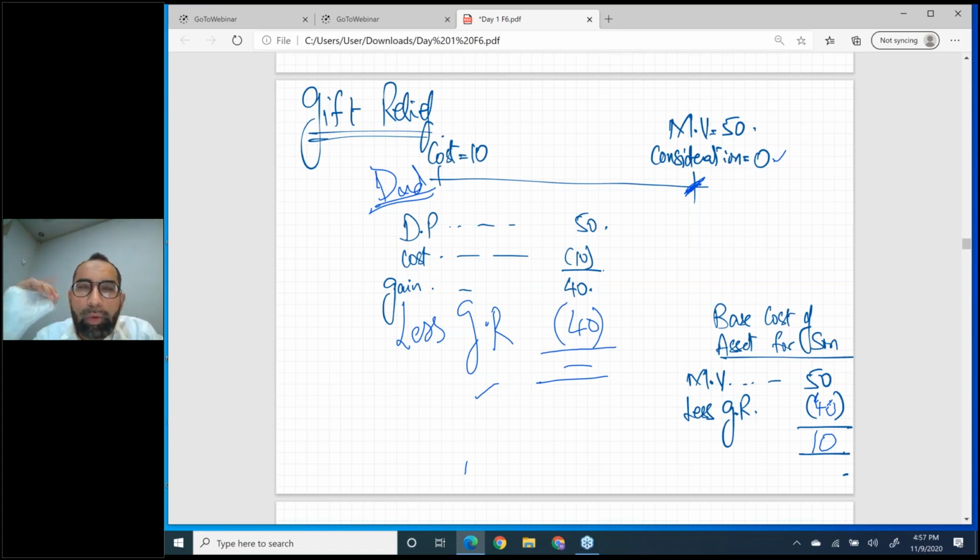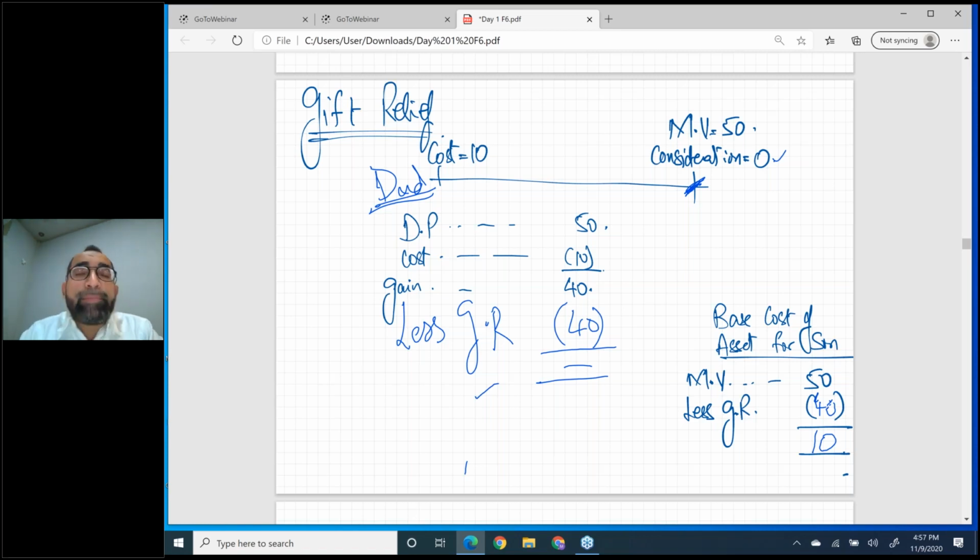Now one quick recap. In this case, this transaction was a pure gift. Why? Dad did not charge a single penny. Market value 50 and consideration 0. What if, in the same question, it is written that the market value is 50 and dad sold the asset to the son for 35?